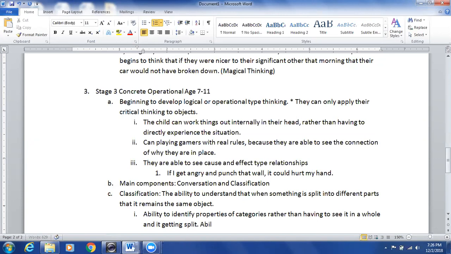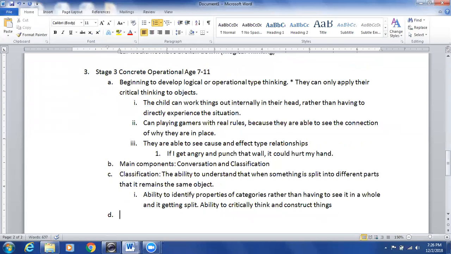So the ability to critically think and construct things.